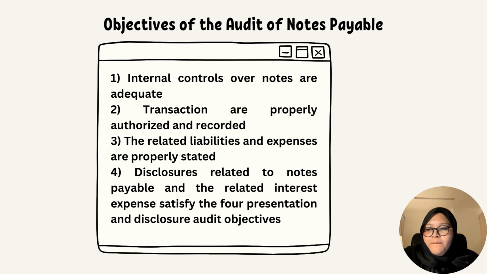So, if the disclosures related to the notes payable and their related expenses satisfy these four objectives, it indicates that the auditing process has effectively addressed the key aspects of presenting and disclosing the information of notes payable.